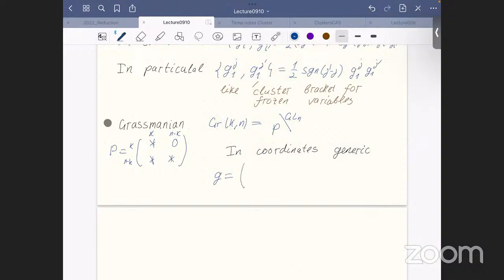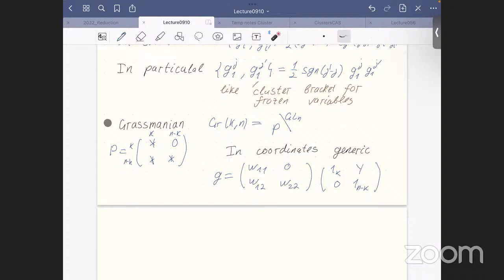We have some blocks times a matrix: here we have the identity of size k by k, 0, the identity of size n minus k by n minus k, and some unknown matrix y.